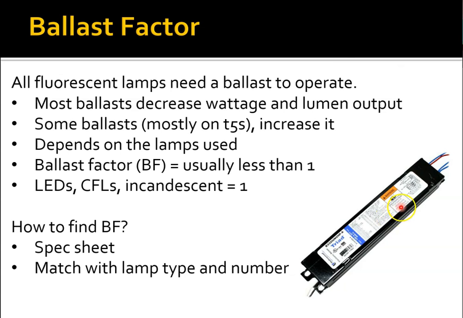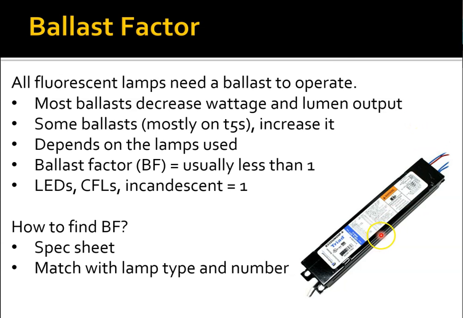So a ballast is going to normally look like this, and you have these wires coming out, and those are connected to the lamps, and they regulate the voltage and the current and that sort of thing. And so the electricity runs through this before it goes into the lamp, right? So it regulates that electric current and voltage.